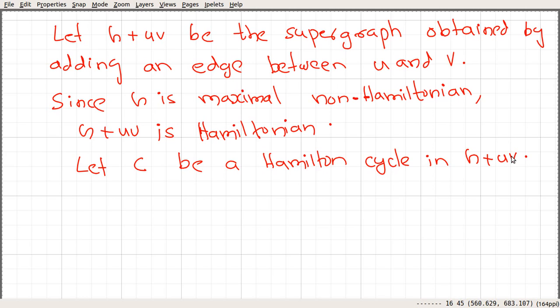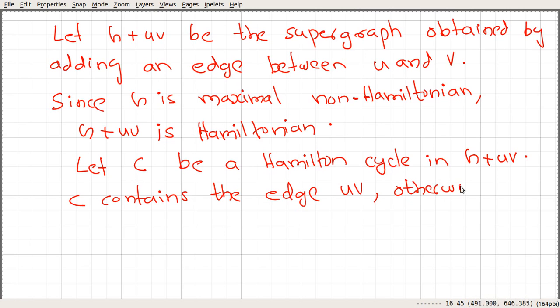If you look into this Hamilton cycle, C contains the newly added edge UV.